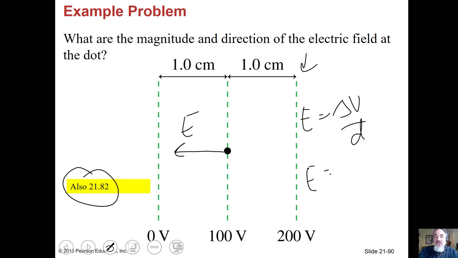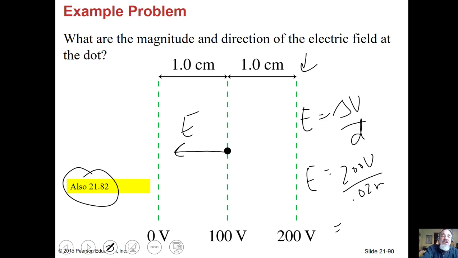So the electric field, the difference in voltage from the right side all the way to the left side would be 200 volts divided by the distance between this whole thing, 2 centimeters, so 0.02 meters. And you can calculate the potential that way.